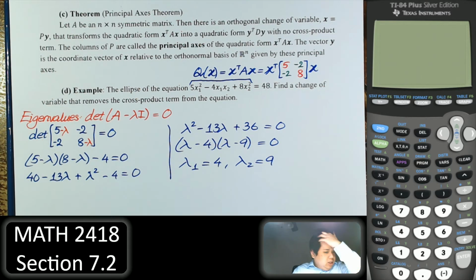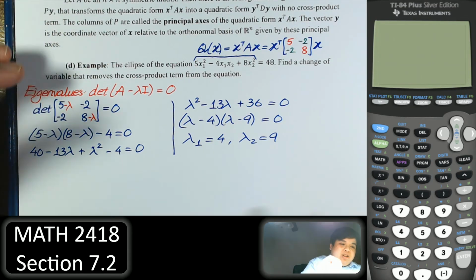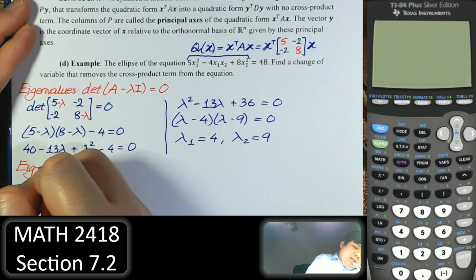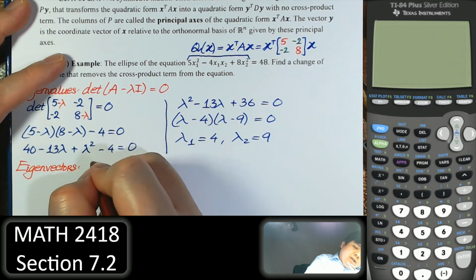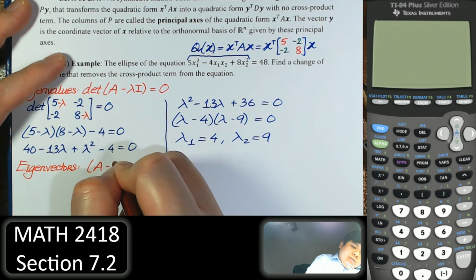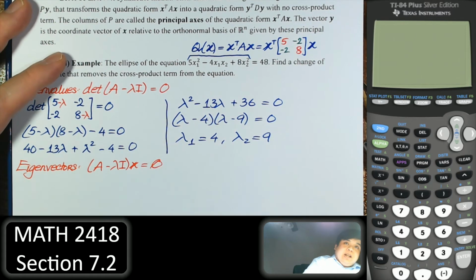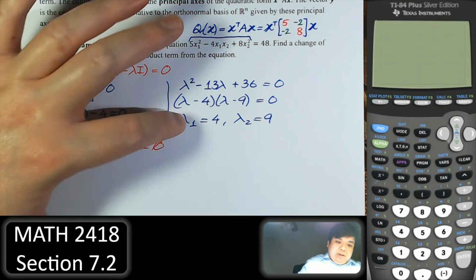Usually when we do this, we can check that the eigenvalues and eigenvectors work out nicely. Now find the eigenvectors by solving this equation for a non-trivial solution. Right, we have eigenvalues.